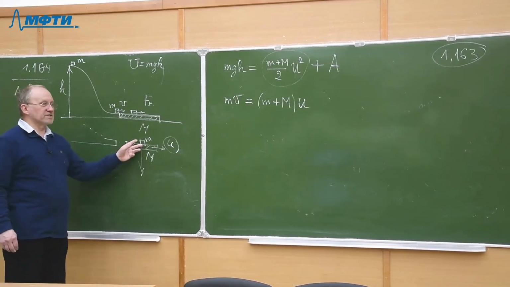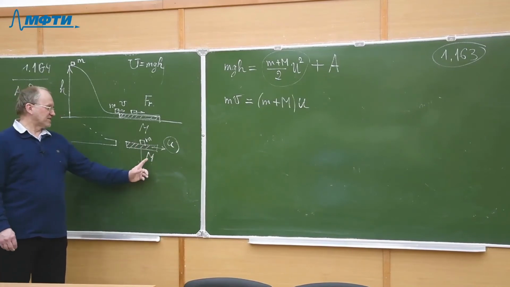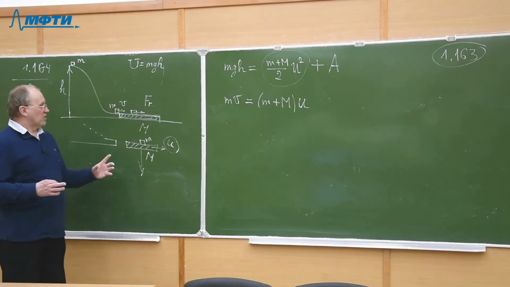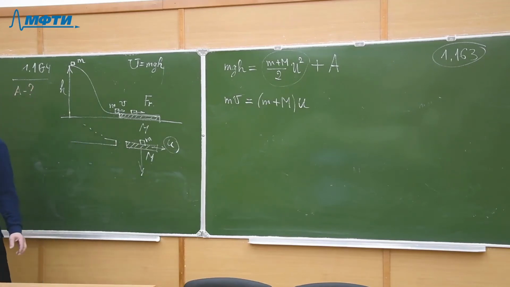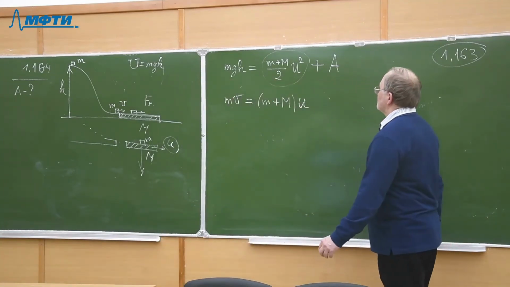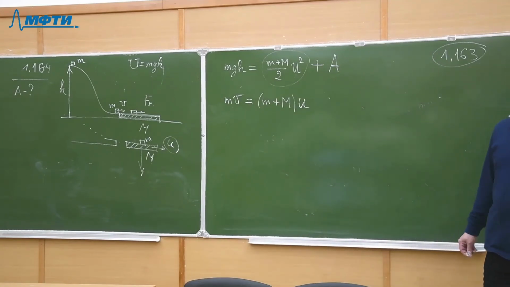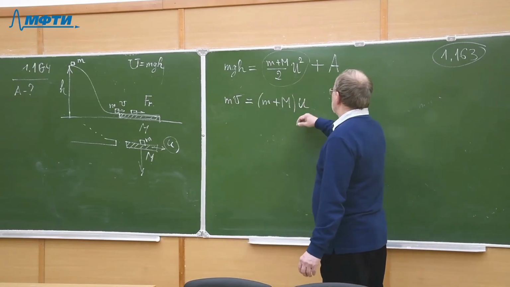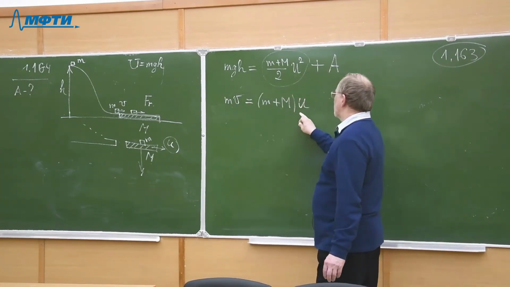Only internal forces are important, the forces of interaction between the small disk and the plank of mass capital M. If you have a closed system of bodies with only the internal forces acting, then the law of conservation of momentum holds. The law of conservation of momentum can be applied here, regardless of the fact that there are forces of friction, because forces of friction are internal forces in this case, and internal forces do not prohibit the law of conservation of momentum.